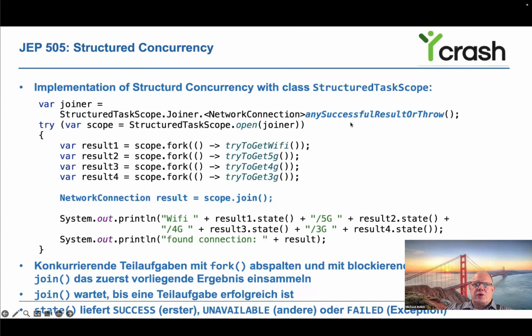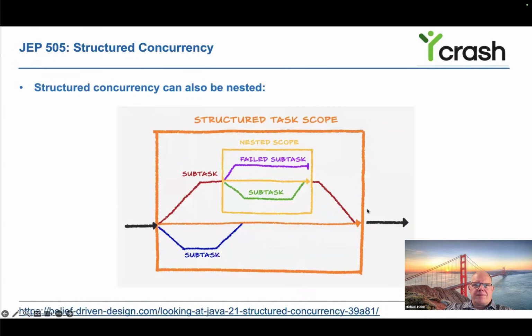Since we know that we just get one result, we can say, okay, we get one network connection, because if 5G is successful, the others get interrupted, and we can just continue with the result of this method. This is really cool.